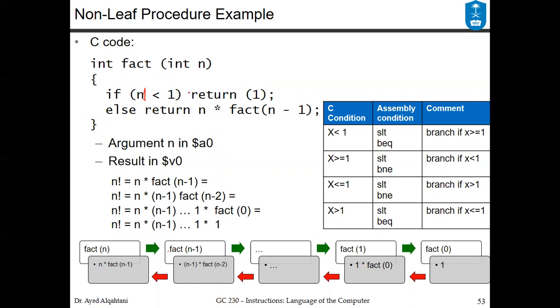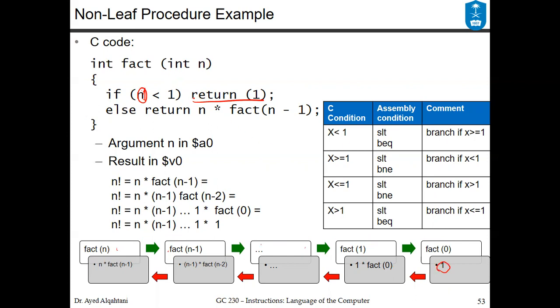When you go to factorial 0 and you check 0 here, 0 is less than 1. This is true, and at that time, you return 1. So basically, you go through the green arrows. You call factorial n, factorial n minus 1, factorial n minus 2, and so on, up to factorial 2, factorial 1, and then factorial 0. Now, factorial 0 will return 1 for you.